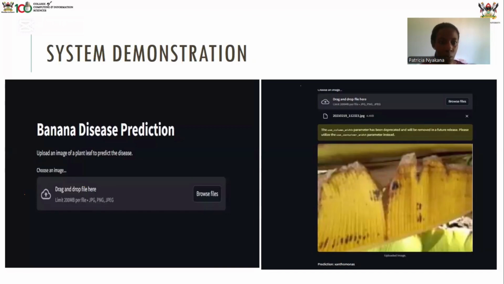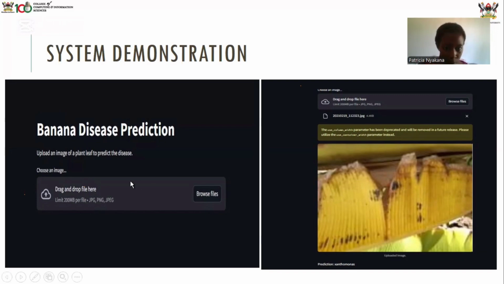So our system demonstration, this is a screenshot from Streamlit, which provides an interface in which our model sits, and we're able to access it through the Flask API.